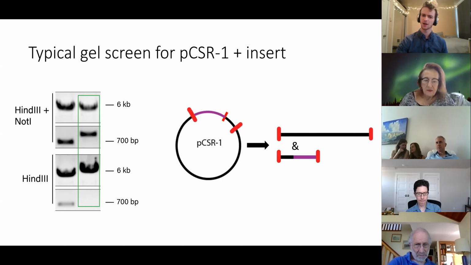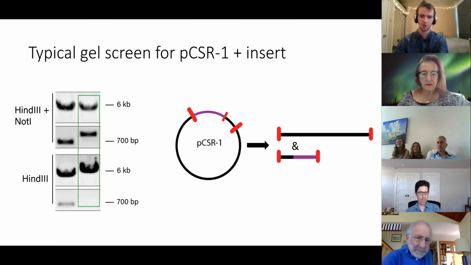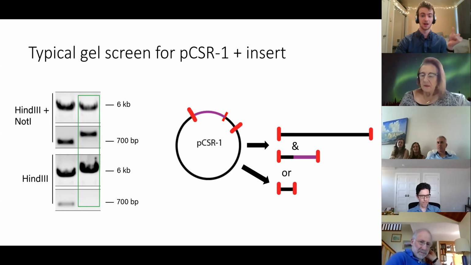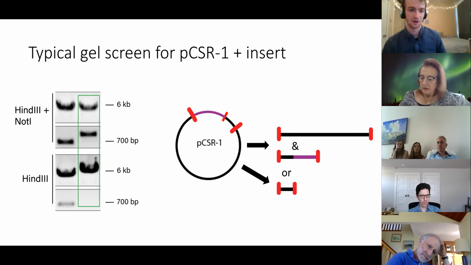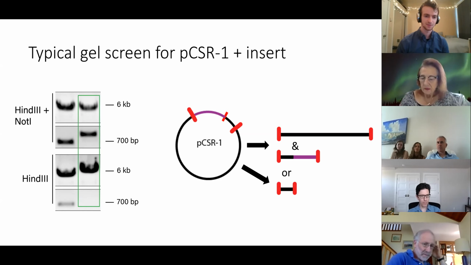So if it was positive for insert, we would see something like this. We'd see a big band of the majority of the plasmid and then one small region with the insert. However, if it was negative, we would have that same small region, but it wouldn't have the insert. As you can see on the left, in the actual gel, I've highlighted the one that was positive in green.